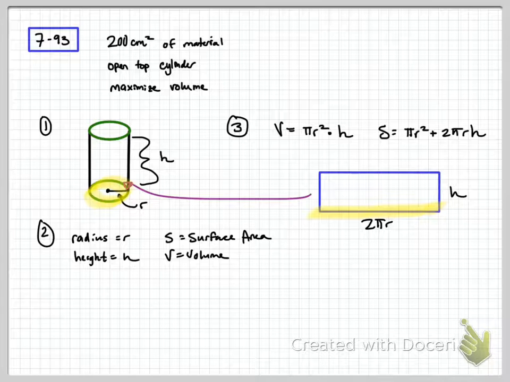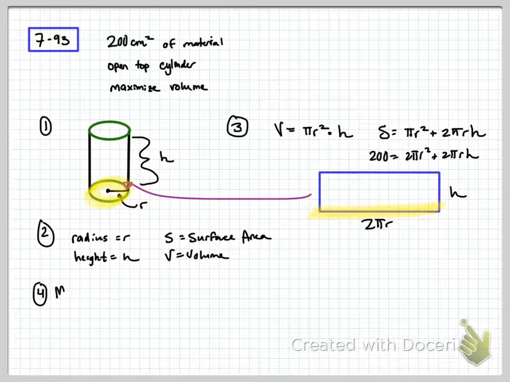Now, once I have that equation, I know that the surface area is 200, so I can write 200 equals pi r squared plus 2 pi r h. Now, we want to maximize the volume, and we need to do some substitution here. So step 4, our goal is to maximize the volume.